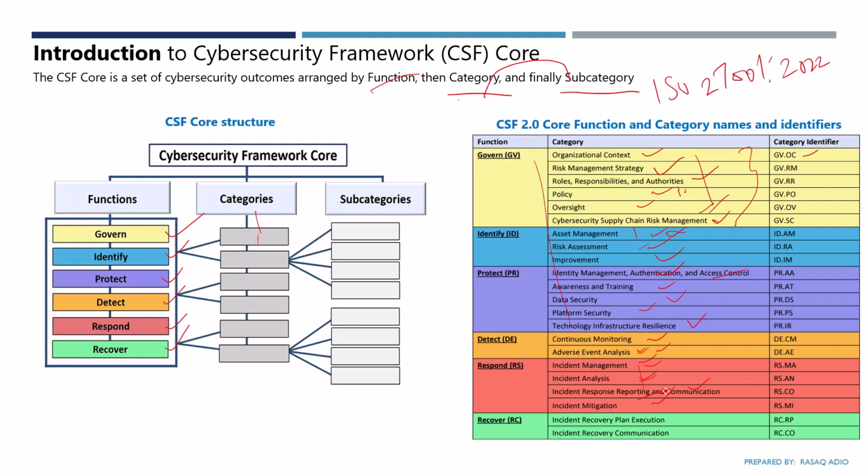And then reporting: who do you report to, and how do you communicate within your organization, and how do you communicate with your third party that is involved or might be impacted by the incident that occurred within your organization. Or maybe the incident even occurs from your third party and is impacting your organization. So how do they communicate to you so that you can take appropriate corrective action? And also we talked about incident mitigation.